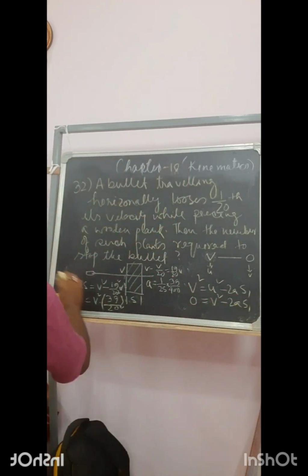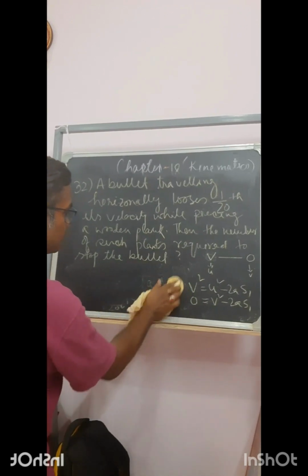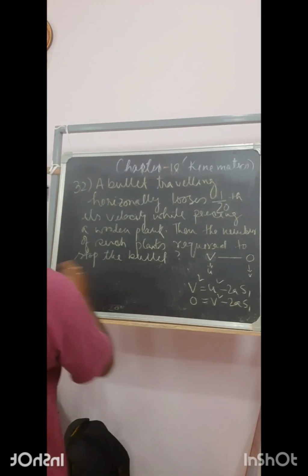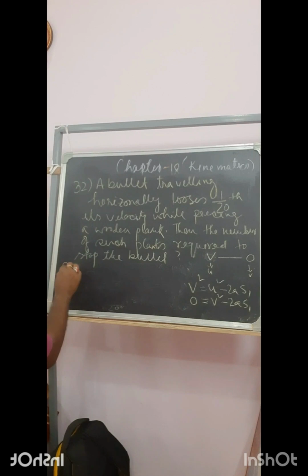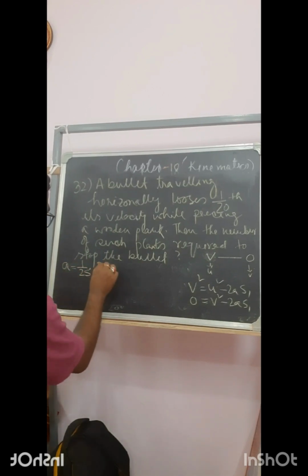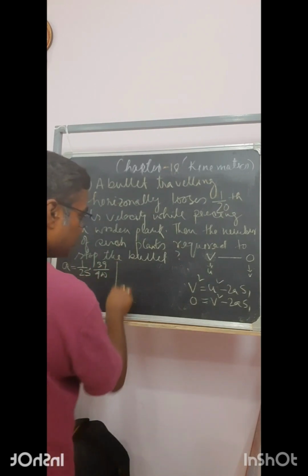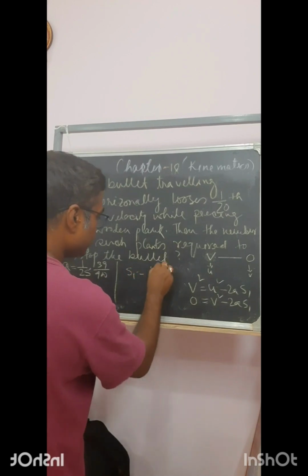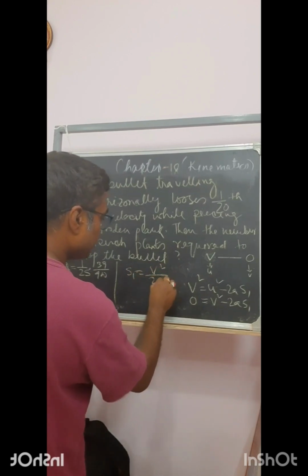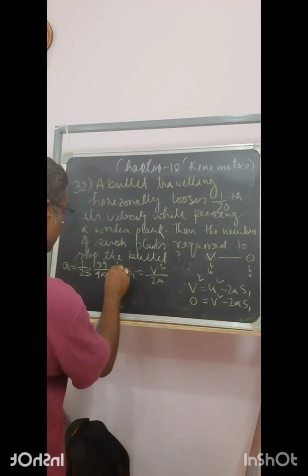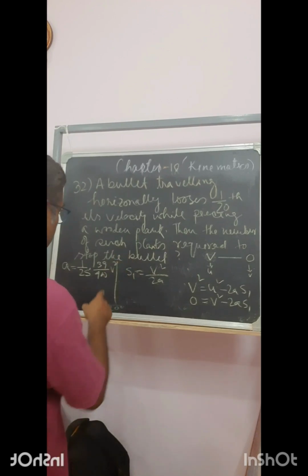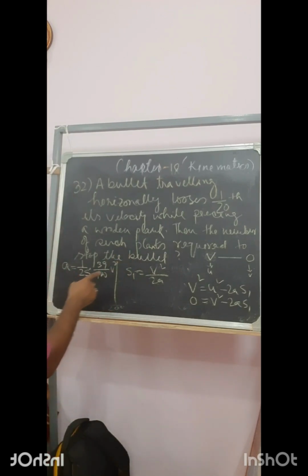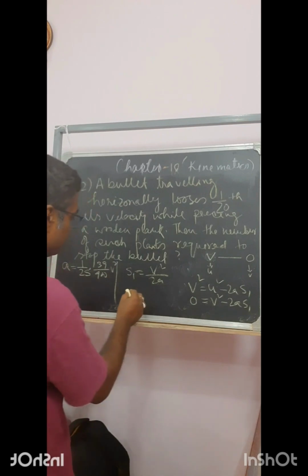Now here I have to write somewhere that A I have received is equal to 1 by 2S into 39 by 400. So that I will use somewhere. So now from here S1 is equal to v square by 2A, and v square will be there because v square is in the calculation.